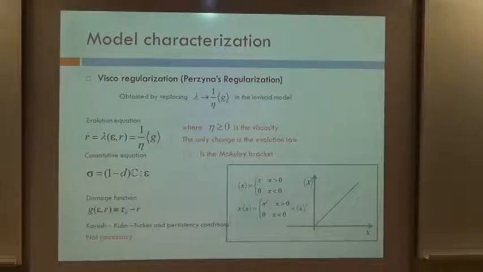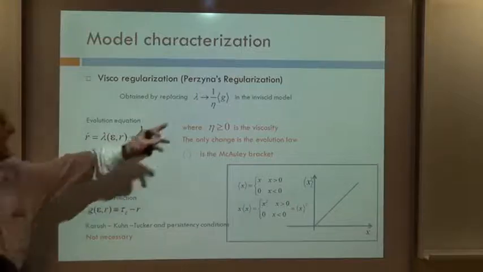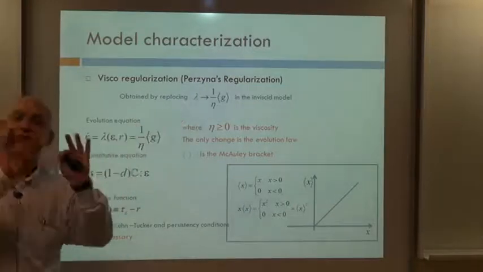Perzyna was a Polish scientist, I met him sometimes. Perzyna's regularization, he was the first one that introduced that. There are other types of regularization, and in fact, when we deal with plasticity, you will pass from plasticity to viscoplasticity by another type of regularization, another family of regularization.